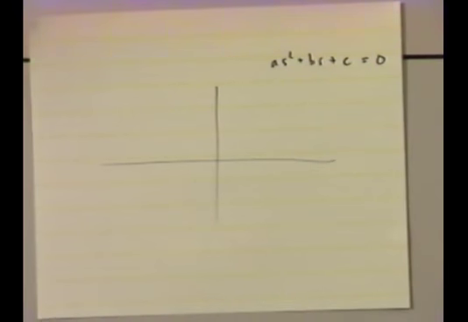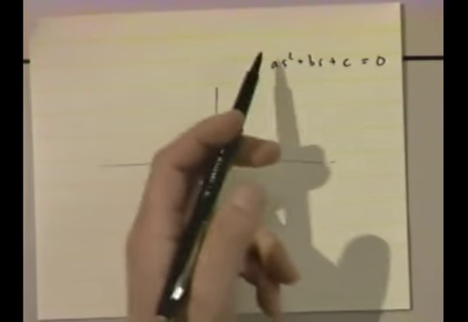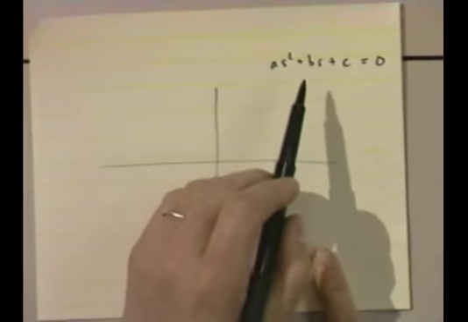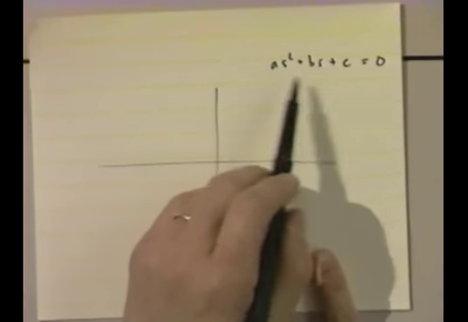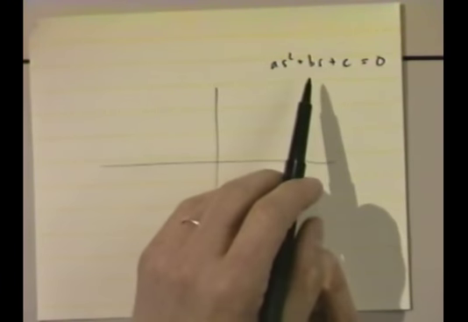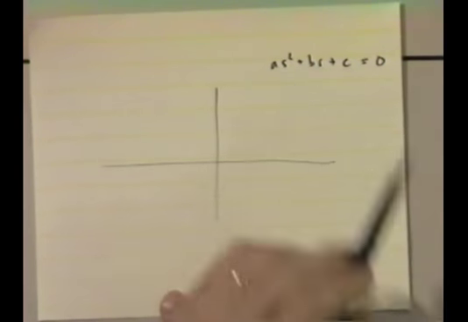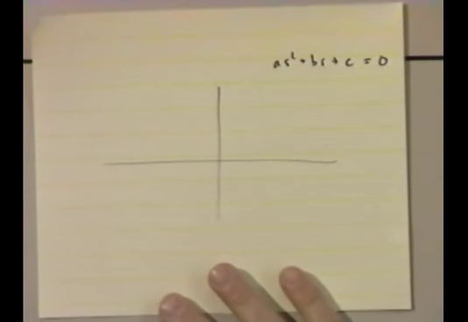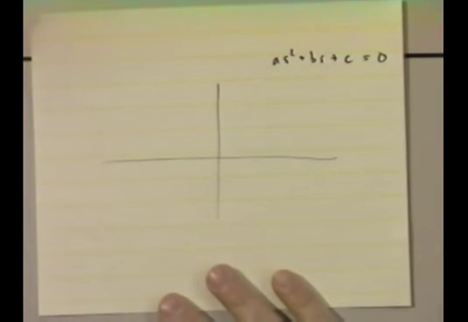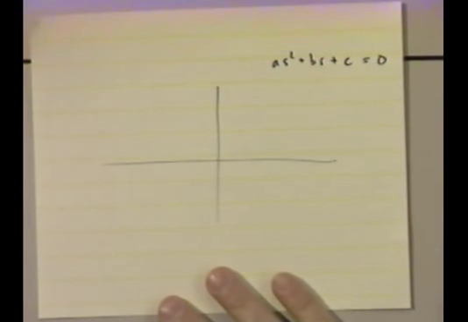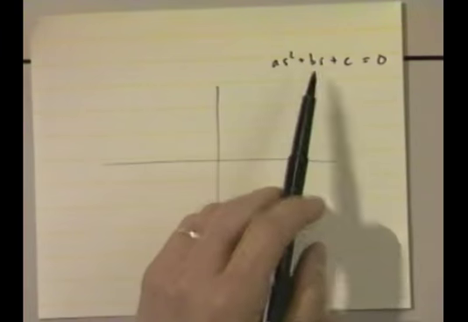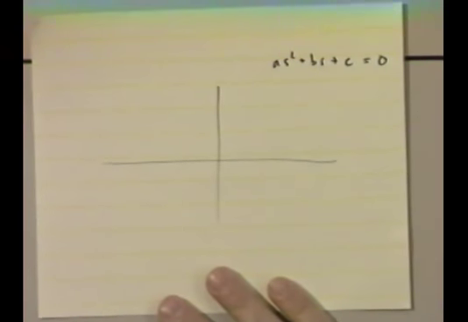If I pick B equals 0, what do the zeros of AS squared plus C look like? What do we have then? Let's take A equals 1. It doesn't really matter. So if I take B equals 0, what do the roots of this look like?